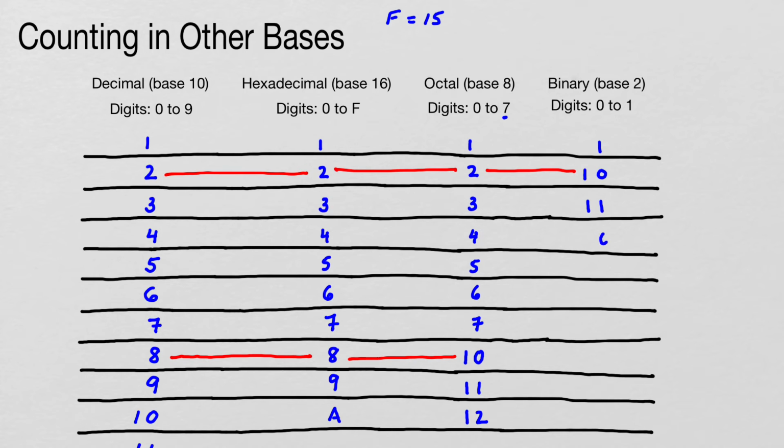And now I'm at my largest digit again. So I'm going to bring down a 0 because we're increasing by 1, and I carry a 1 over. 1 and 1 makes 2, which is 0 and 1. After having one group of 2, imagine it this way: we have one group of 2, and then we have a single 1. If I add another 1, now what do I have?